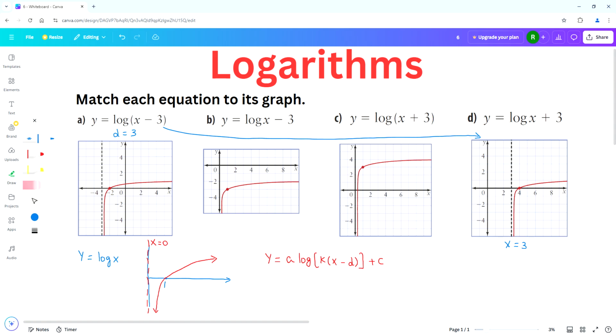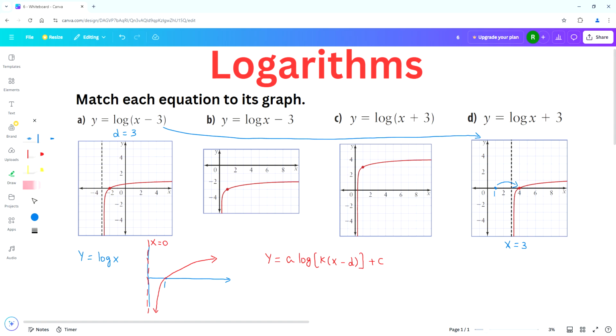So compared to the graph of the parent function, the vertical asymptote has been translated 3 units to the right, and the x-intercept in the parent function at 1 has been translated 3 units to the right side. So the new x-intercept is at 4. Therefore, this is the graph for the first equation.